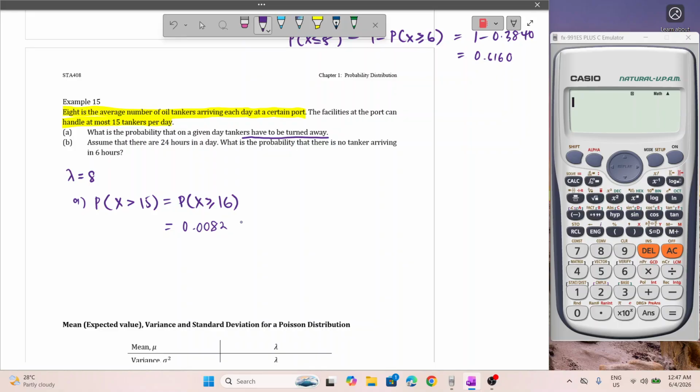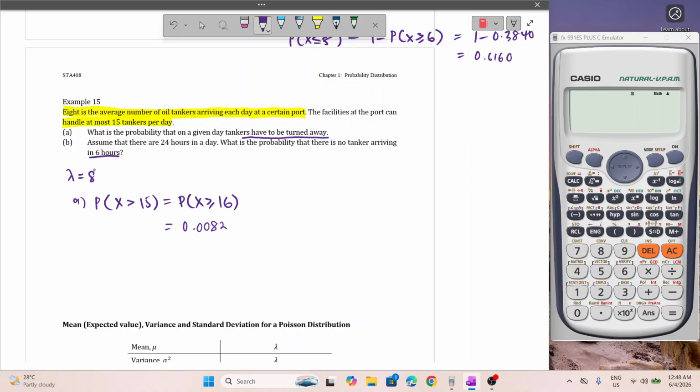That's the first question. The second one, assume that there are 24 hours in a day. Yes, it is 24 hours in a day, of course. What is the probability that there is no tanker arriving in 6 hours? So remember again, it is the same as in the previous question in example 14, but this time instead of multiplying the mean value, we need to divide the mean value.